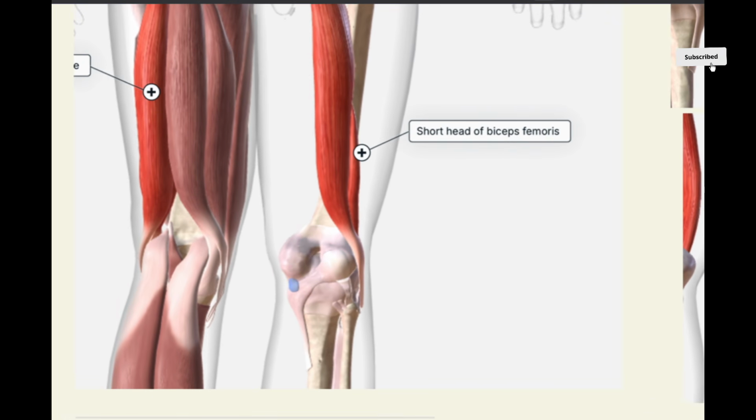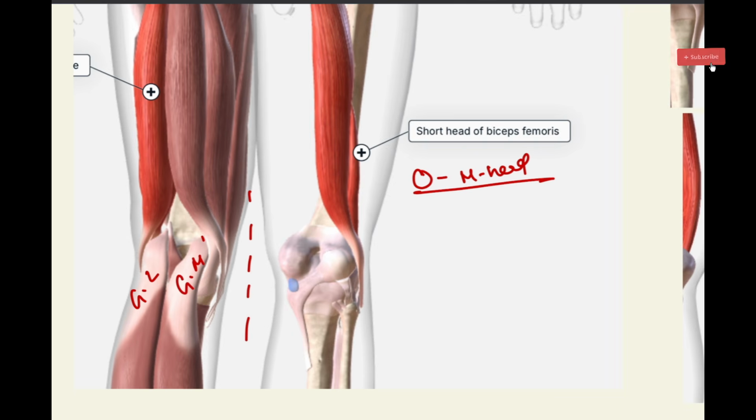So if I zoom the image, first of all you will see this muscle which is present on the medial aspect. This one is your gastrocnemius medial head, and this one is your gastrocnemius lateral head. Okay, so if we talk about the origin for the medial head, this is your posterior surface of the medial femoral condyle.